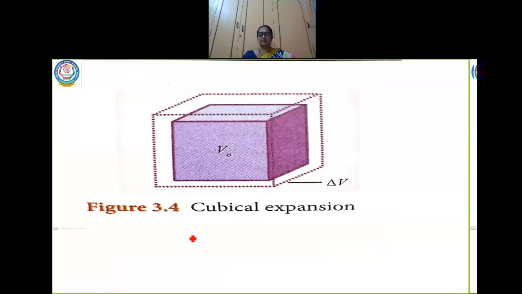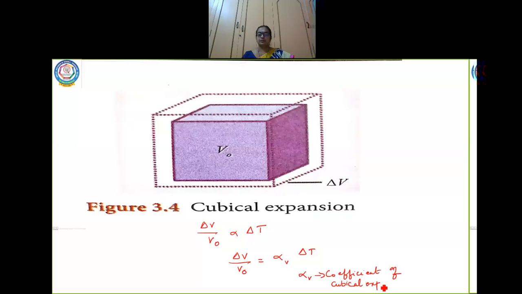It is also given by del V by V naught proportional to del T, and when this proportionality is replaced by a constant, it becomes alpha V into del T. So what is alpha V? Alpha V is nothing but the coefficient of cubical expansion, and again it is measured as per Kelvin.